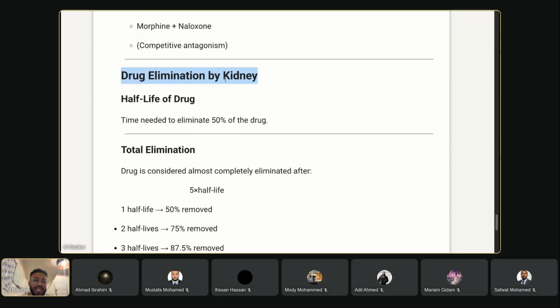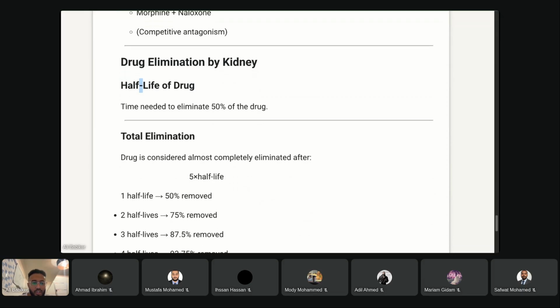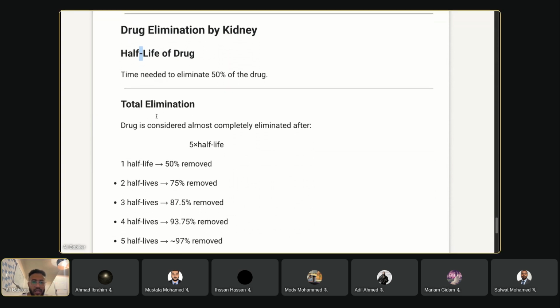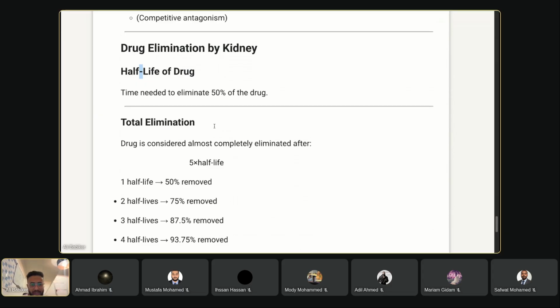All right. I also want you to understand drug elimination by the kidney, usually described by what we call the half-life of the drug. The definition of half-life means the time needed to eliminate 50% of a drug. Total elimination is considered almost complete after 5 half-lives.